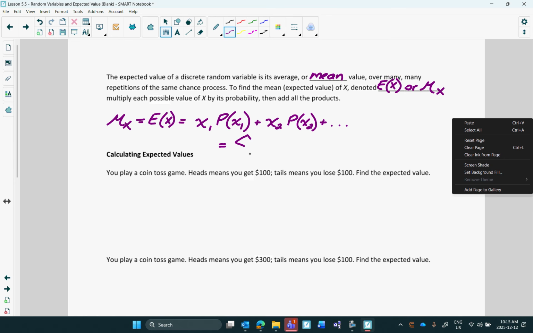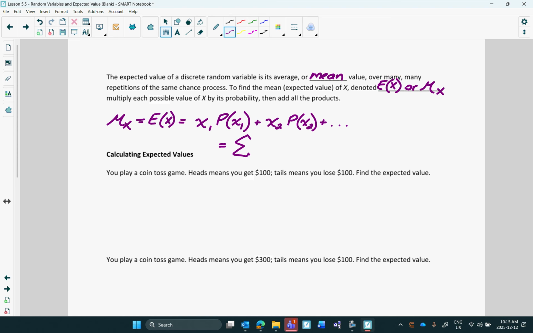Yeah. So we're going to take each one, and I'm going to call it x sub i, each value of the random variable, because we don't want to do 1 or 2, since i could be 1, 2, 3, 4, etc., times its probability. And that is the formula you will always get.